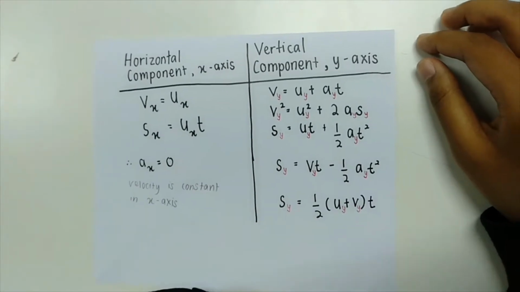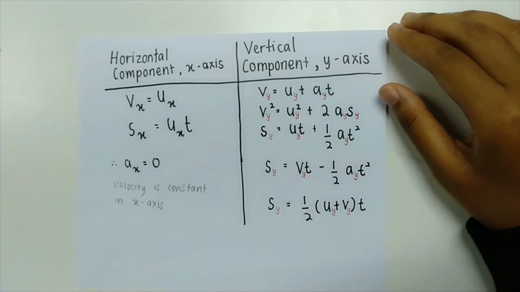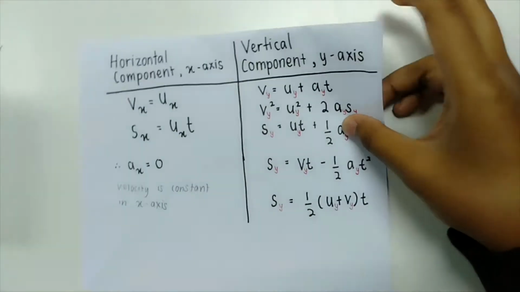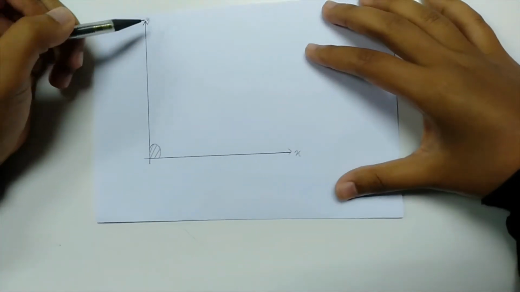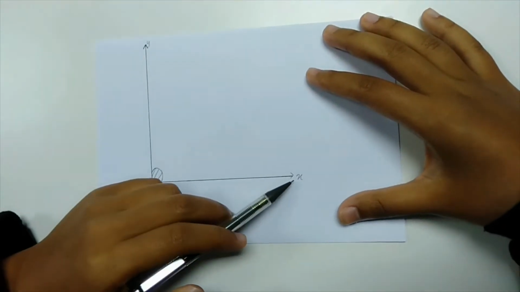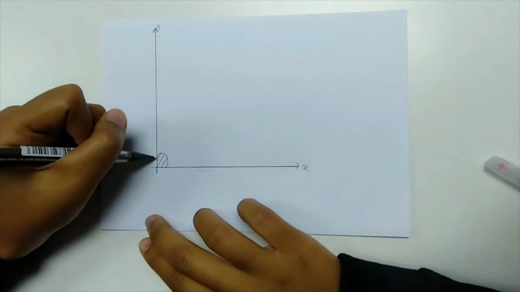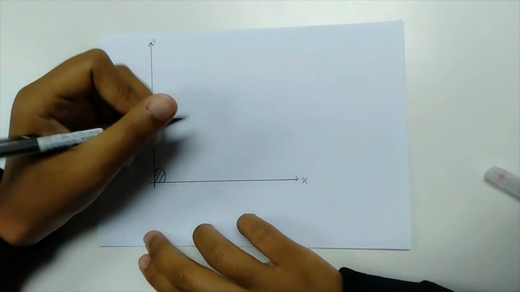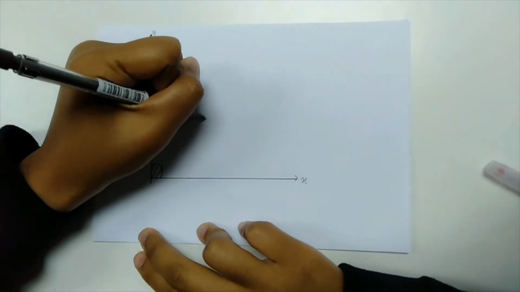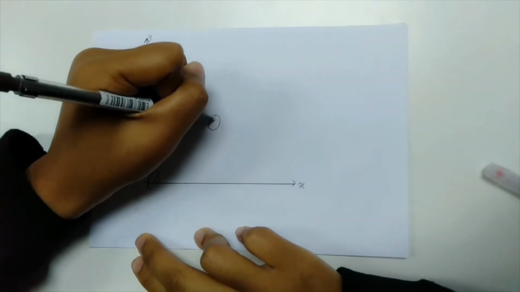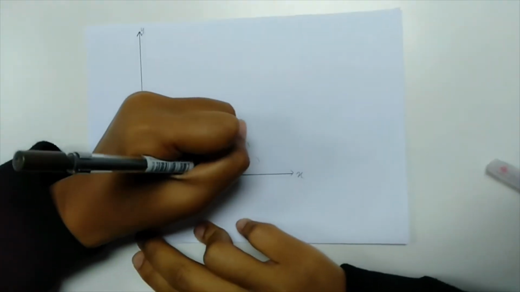Okay. Besides knowing the linear motion equation, we also need to understand about the graph. Now, here is the y-axis and here is the x-axis. Imagine there is a ball that will be kicked up, and it will touch down the ground.